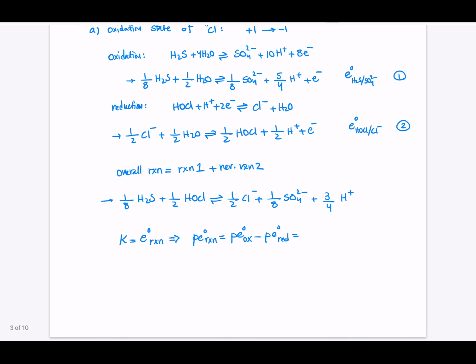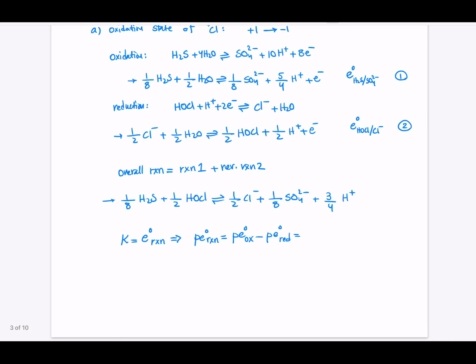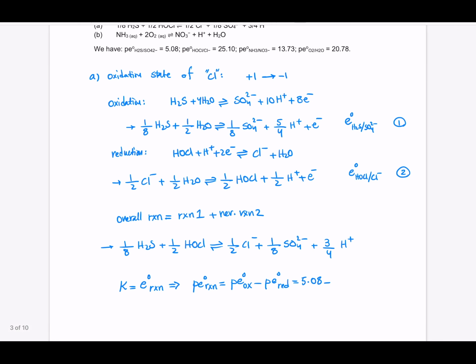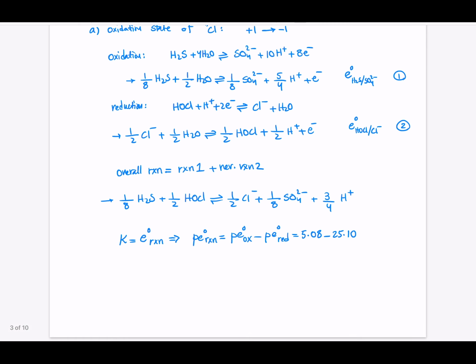So the oxidation would be 5.08 minus the reduction, 25.10, or this would be basically minus 20.02.